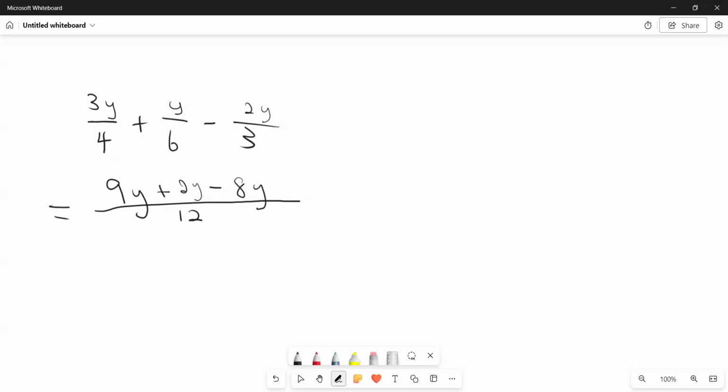Right? So let's simplify. 9y plus 2y will give us 11y. 11y minus 8y will give us 3y all over 12.